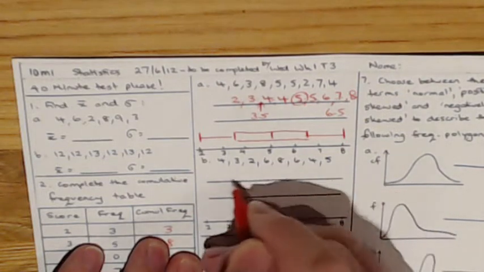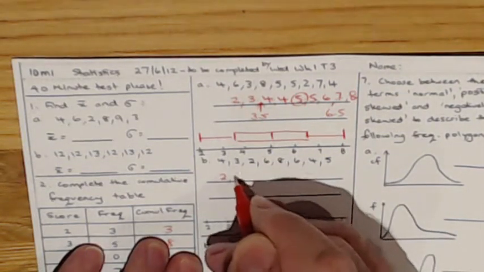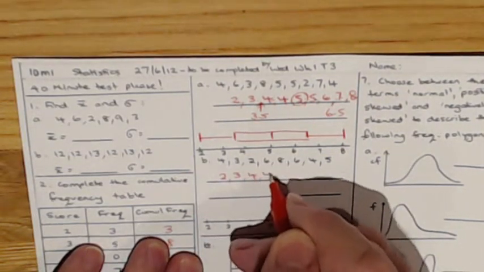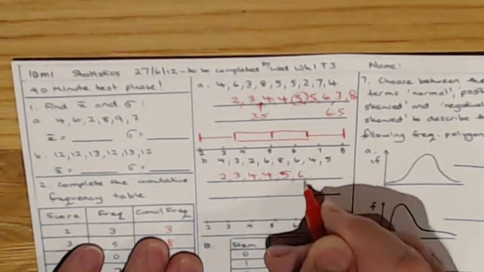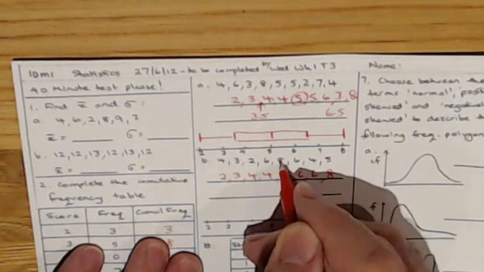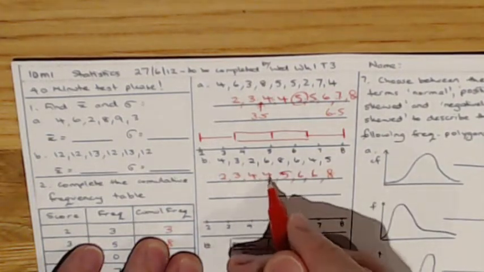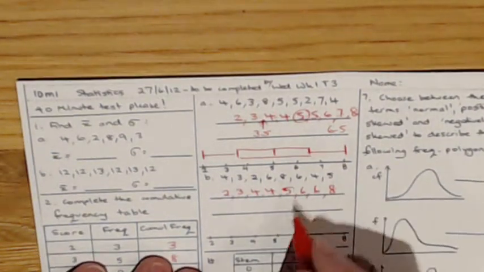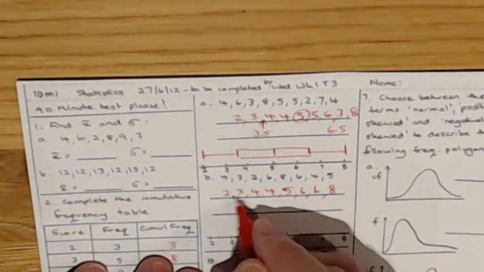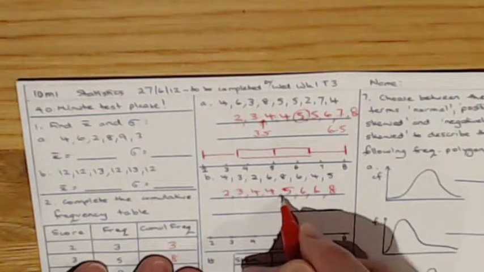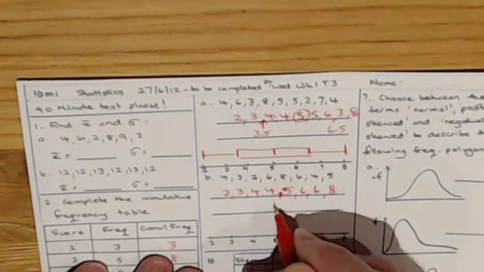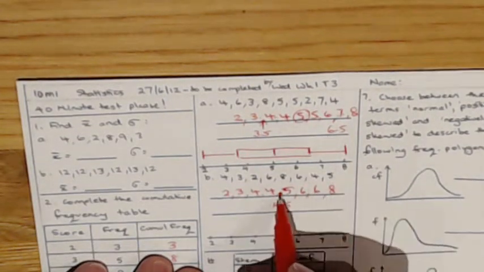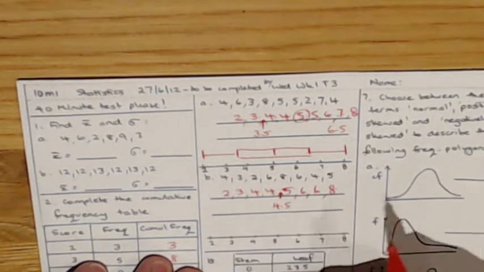In the next one, same story. Go from lowest to highest. So we're arranging in order: 2, 3, 4, 4, 5, 5, 6, 6, and 8. The middle score, being an even number of scores, will be the middle of the two middle scores, because here we have our median, 4.5. That spot there, there's 4 before it, there's 4 after it.